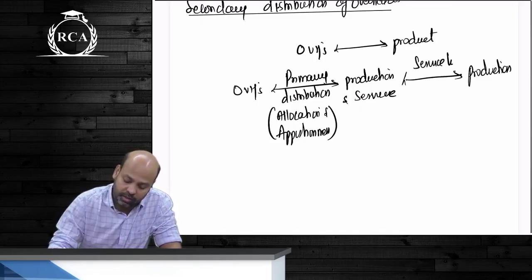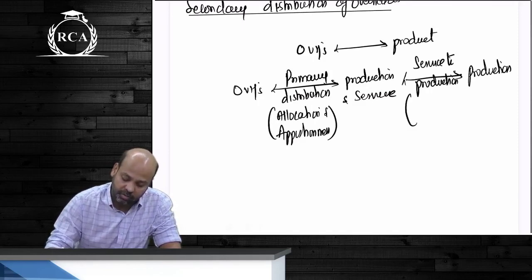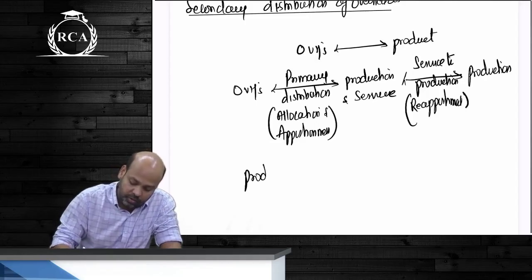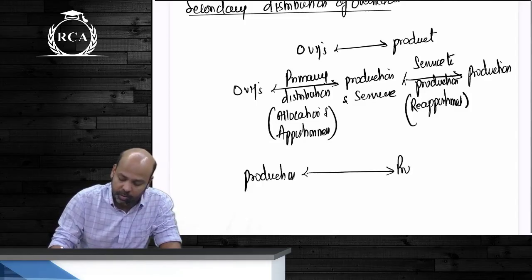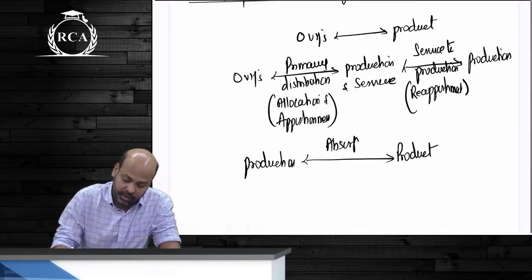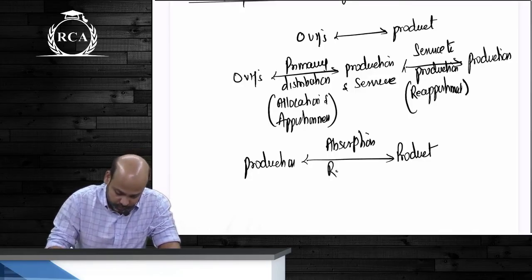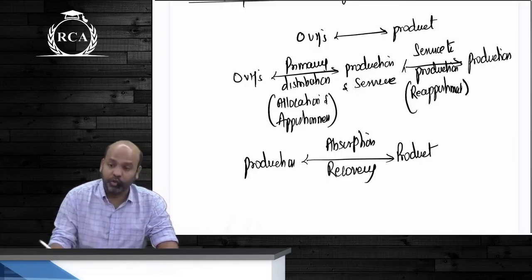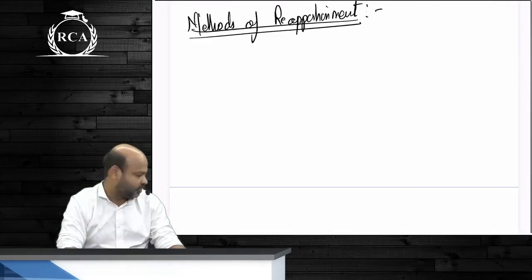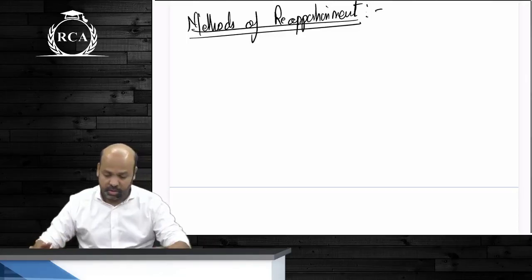What do we call this? Reapportionment or secondary distribution of overheads. From production departments, finally it will go to the end product, which is called absorption or recovery of overheads. Copy this as it is, beta. Absorption or recovery of overheads. Let's go.